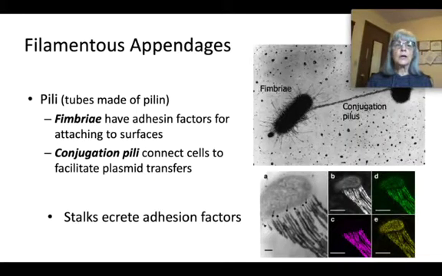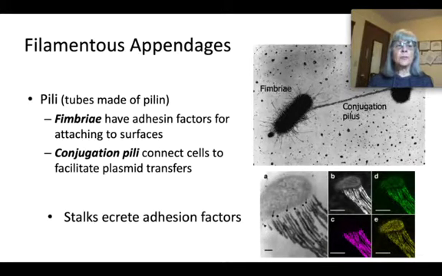Okay, some of the appendages or extensions that extend from the bacterial cell are filamentous, which means they're tubes. One of them is pili, and this is made of a protein called pilin. There are two types of pili. One is fimbriae, and these pili have adhesins, or like a gluey factor, that allows them to stick to surfaces.